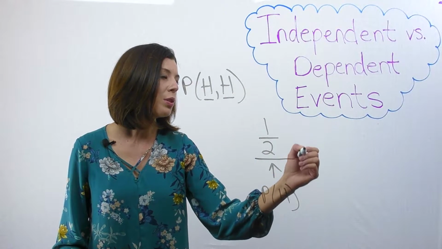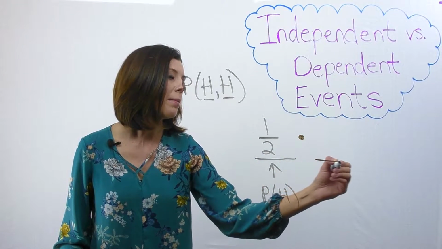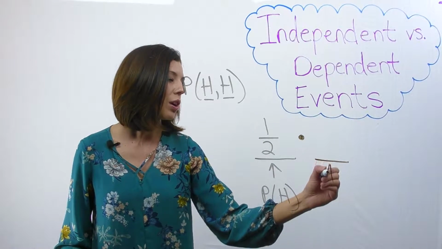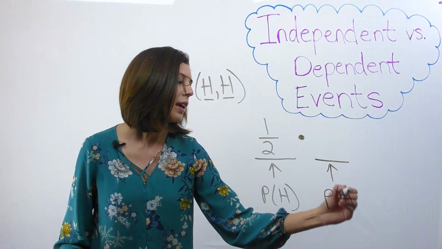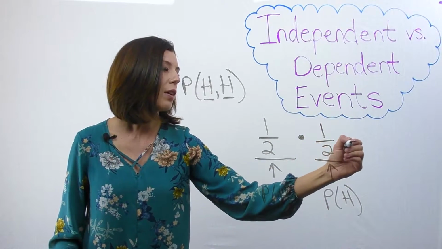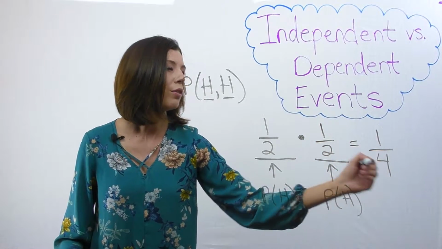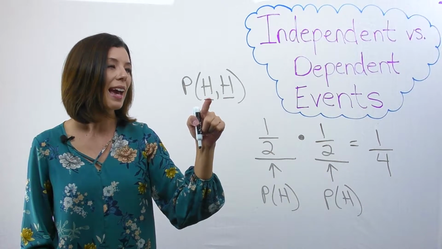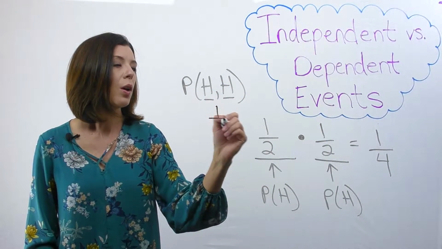Then I am going to multiply this by my second event, which is also the probability of flipping heads. Probability of flipping heads again is 1/2, and we know this is 1/4. So the probability of flipping heads and then heads again would be 1/4.